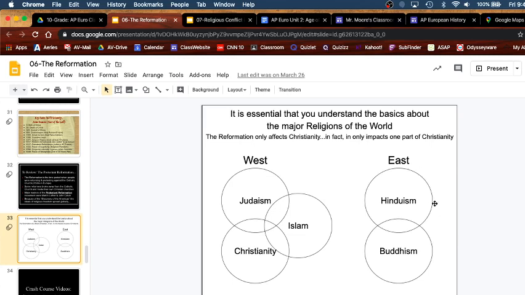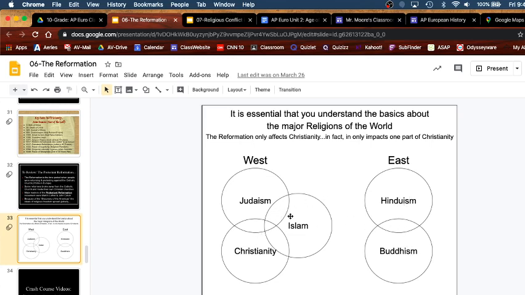The same would be true if you went to the eastern side of the world, over into Asia. There are two distinct religions of Hinduism and Buddhism, but the original guy who started Buddhism, Siddhartha Gautama, he becomes the Buddha, but he was trained by Hindu holy men. And so there is some overlap in Eastern religions as well.